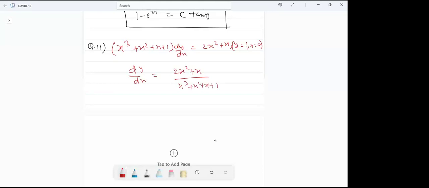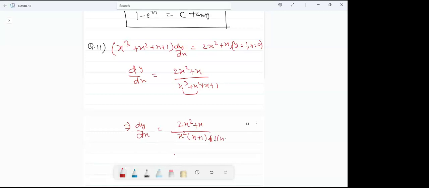And now this can be written as dy over dx equals to 2x square plus x divided by, take x square common in these two terms. So x square common, x plus 1, and 1 common, x plus 1.